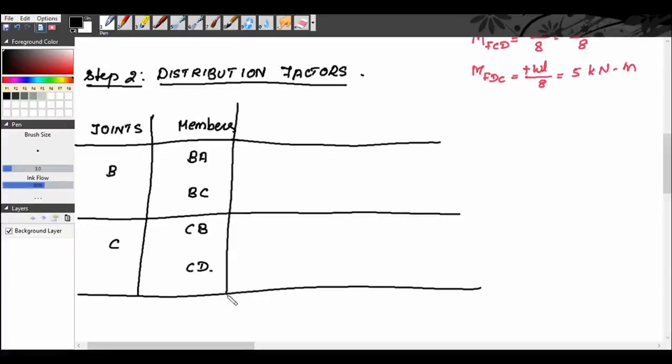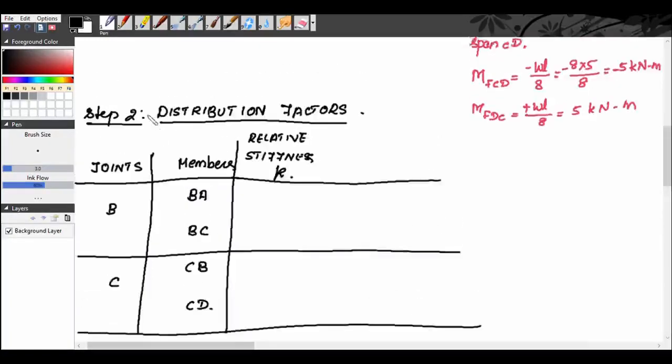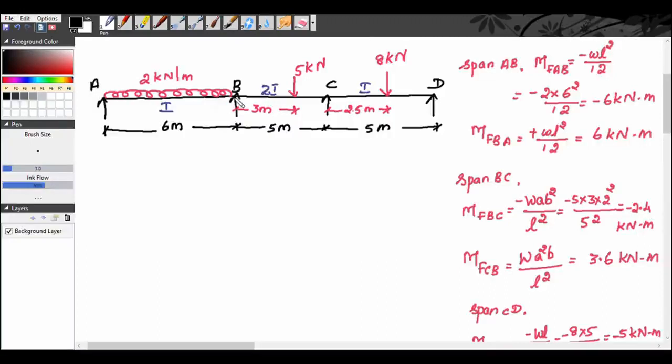Absolute stiffness, if the far end is hinged, is 3EI by L, and if the far end is fixed, it is 4EI by L. Relating the absolute stiffness of these both, we get relative stiffness, which is very important and will help you to solve your problem easily. So if the far end is fixed, the relative stiffness is taken as I by L, and if the far end is hinged, the relative stiffness is taken as 3 by 4 of I by L.